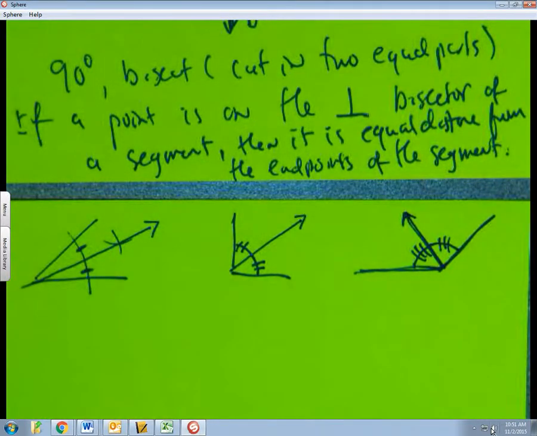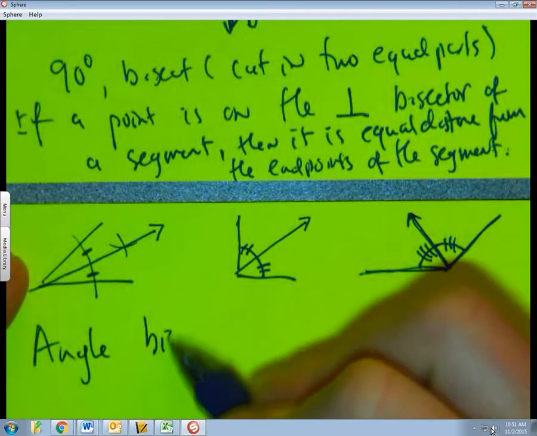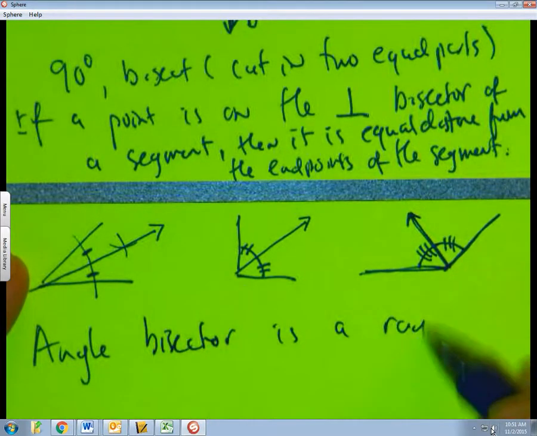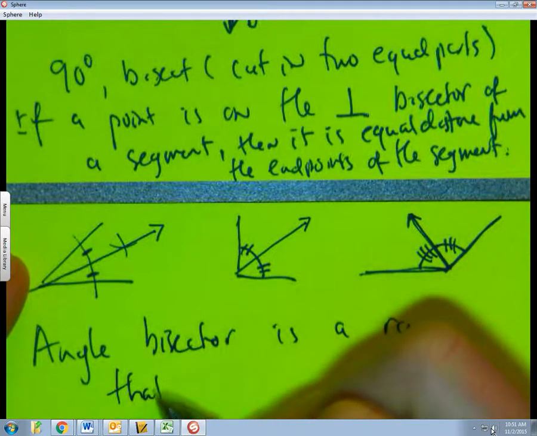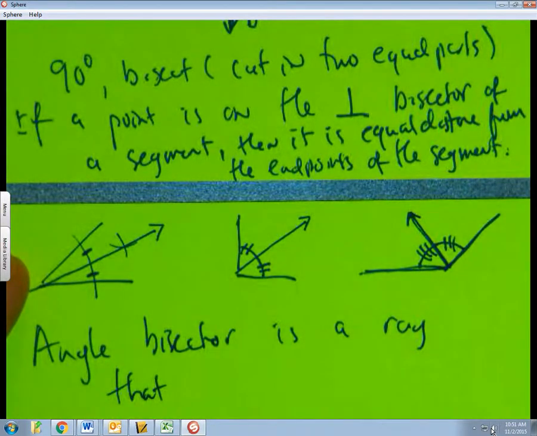So angle bisector is a ray that cuts the angle in half.